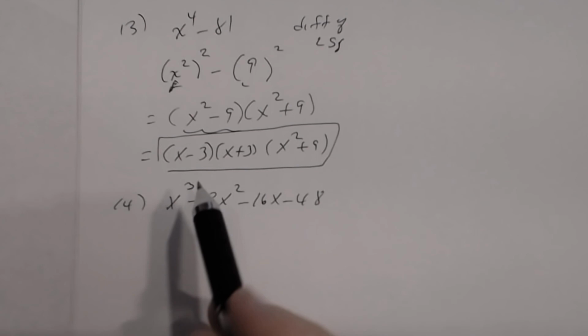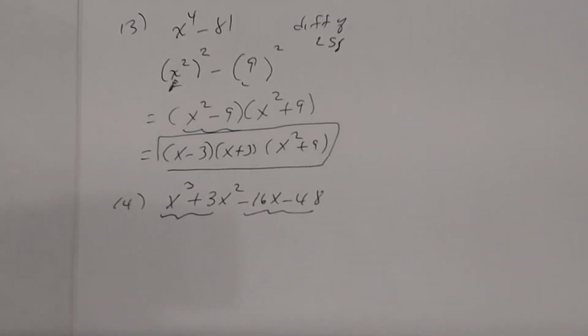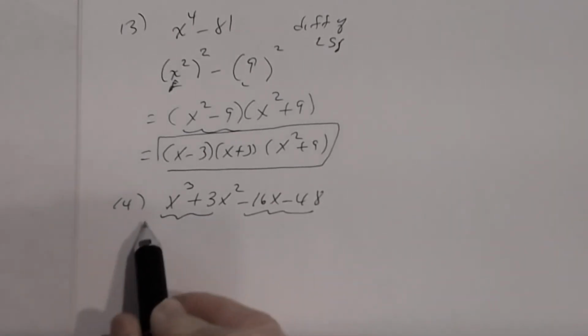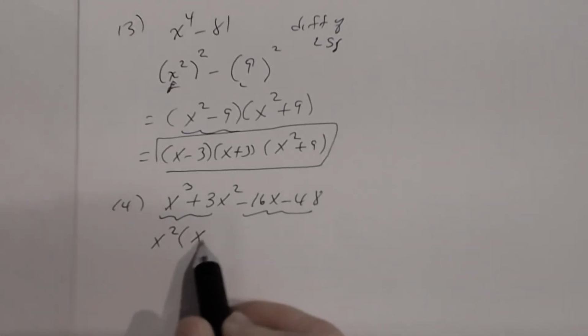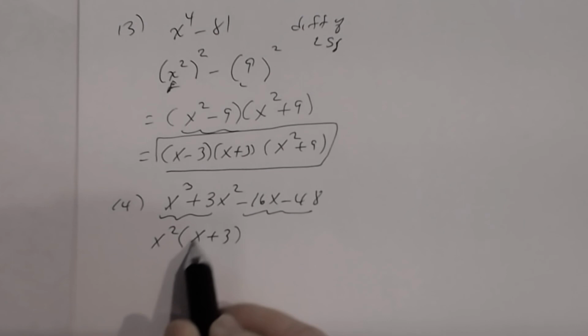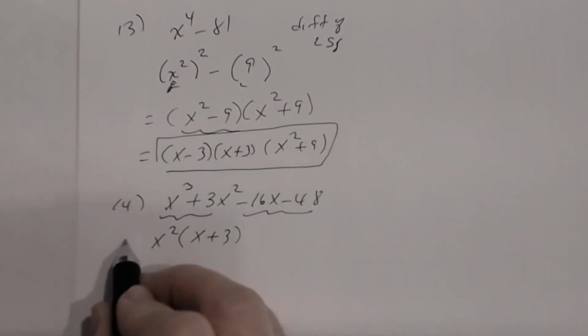So let's go ahead and group the first 2 and the last 2 and see what happens. I may need to switch the terms. But in the first group, it looks like I can factor out an x squared. And so I get x squared times x plus 3. X squared times x is x cubed. And then x squared times 3 is 3x squared.